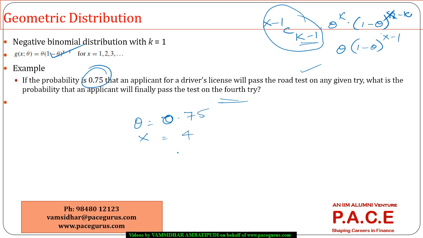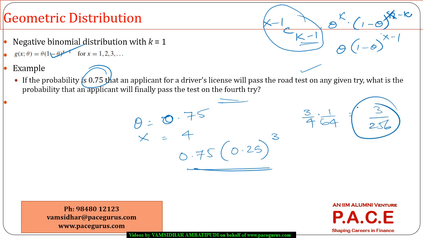My answer would be theta into 1 minus theta to the power x minus 1. So this is 3 by 4 and this is 1 by 4 cubed, which is 1 by 64, overall becoming 3 by 256. You can simplify it to get the probability value.